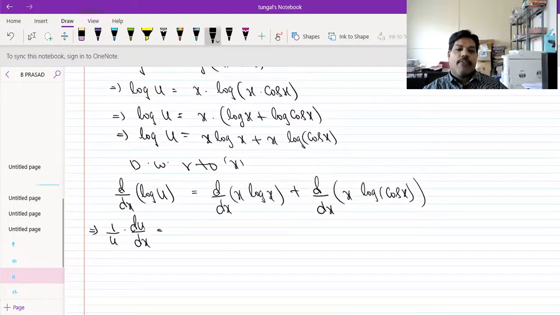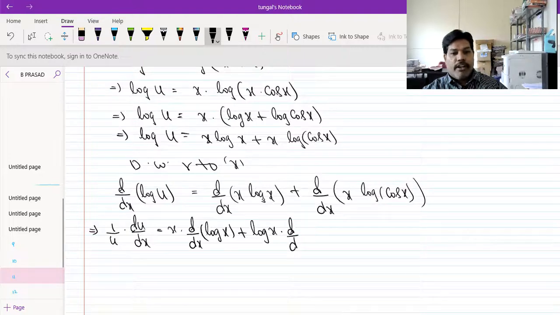So this is the UV formula. Already you know what the UV formula is. It's x into the derivative of log x, plus log x into the derivative of x, plus this is also the UV formula, students. Once again you have to apply that UV.